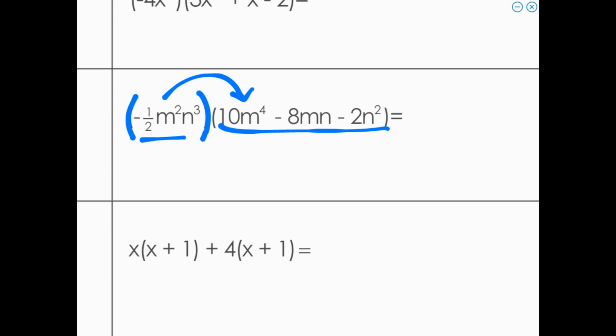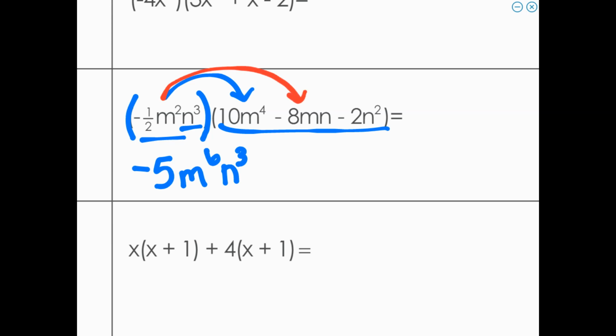So we've got negative 1/2 times 10. Negative 5. M squared times m to the 4th. M6, because 2 plus 4 is 6. What do I do with this n cubed? I still have to use it, right? It's still there. Okay.